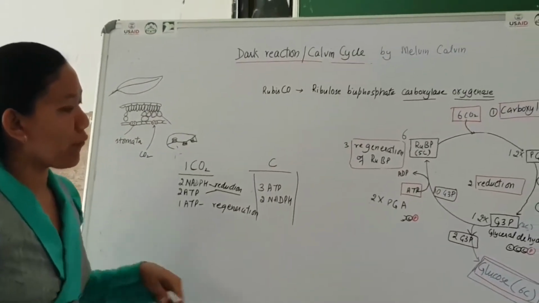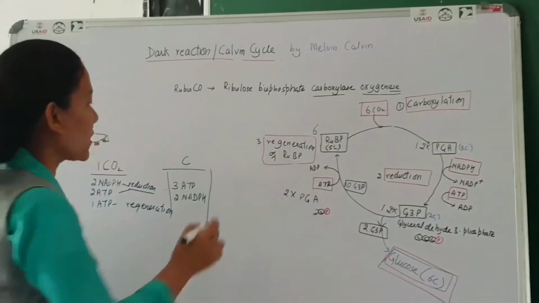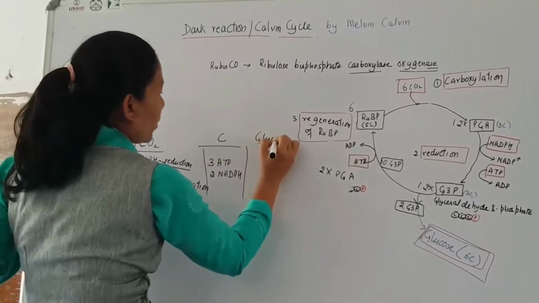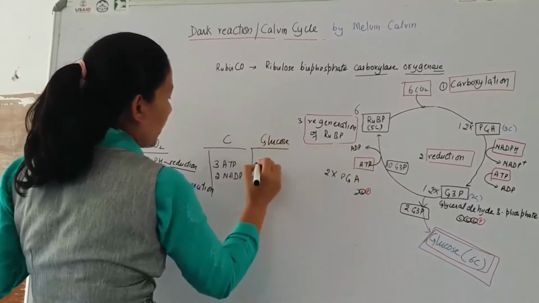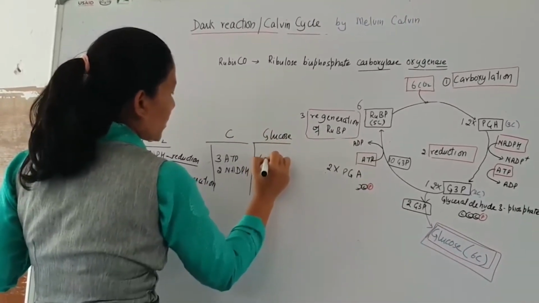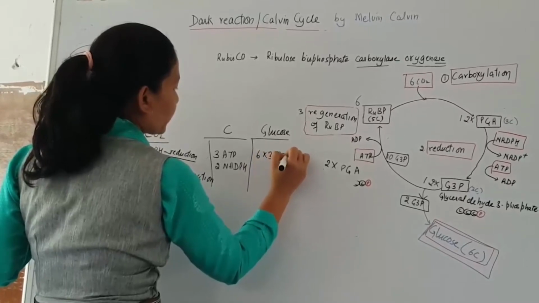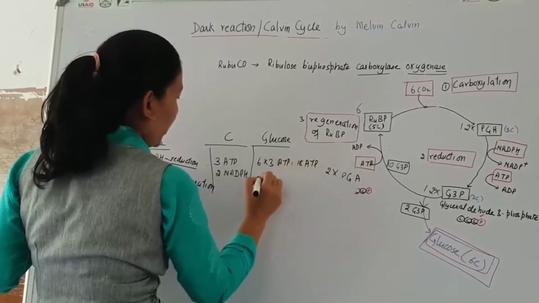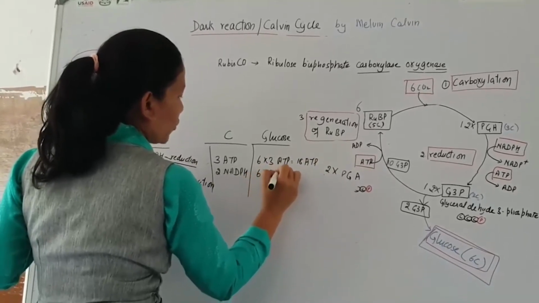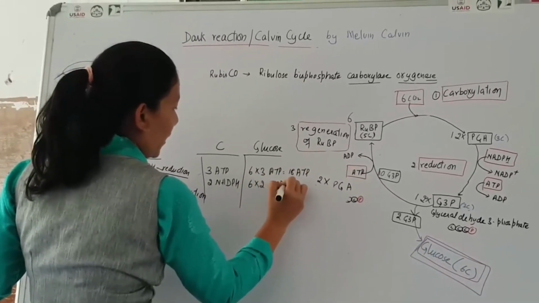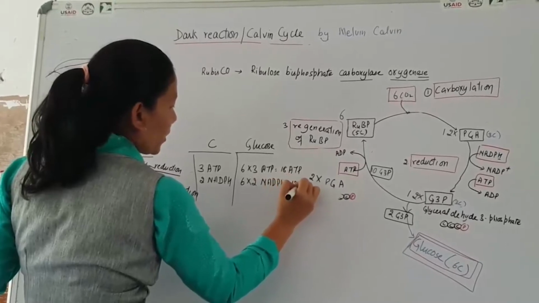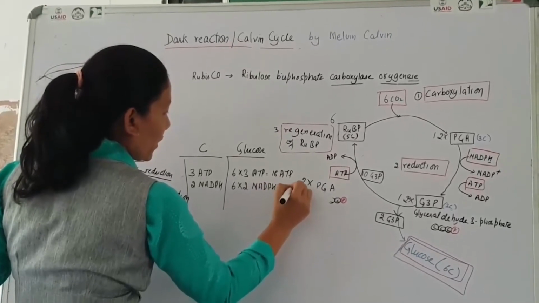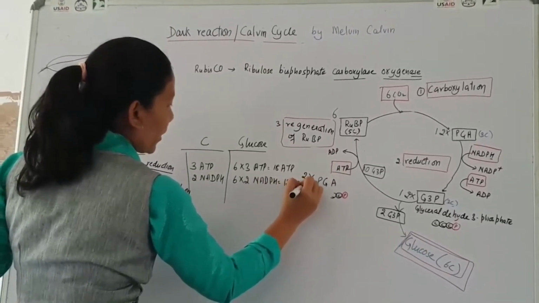And for the synthesis of glucose containing 6 carbon, you can calculate 6 into 3 ATP, that is 18 ATP, and 6 into 2 NADPH becomes 12 NADPH.